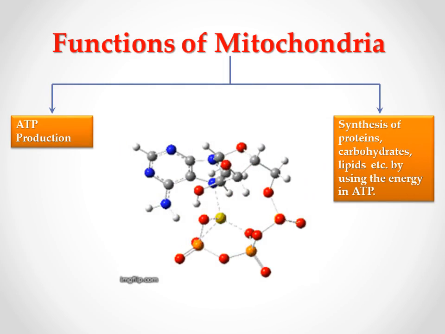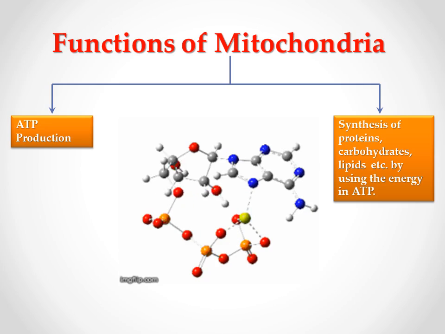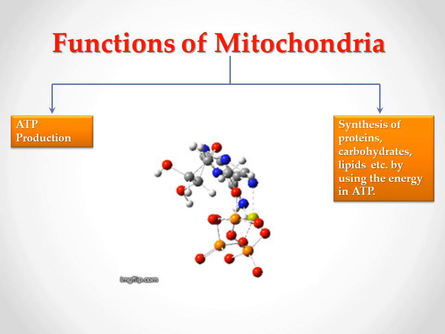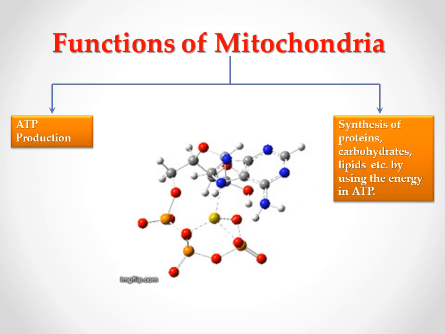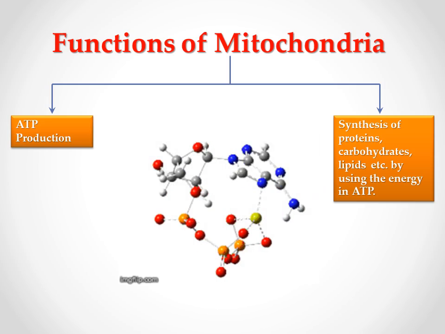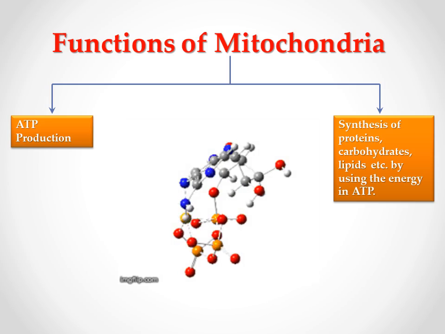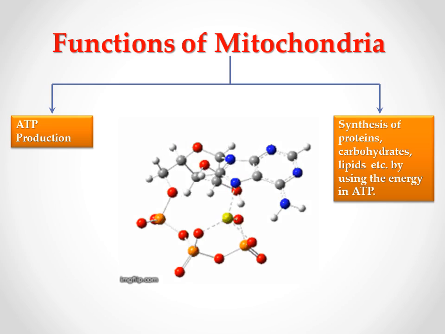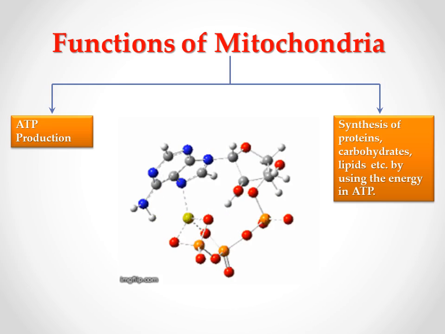Now let us look at the functions of mitochondria. First, to produce energy-rich compounds ATP, that is the adenosine triphosphate. The other function is synthesis of proteins, carbohydrates, lipids, etc. by using the energy in ATP. Here you can see the ATP molecule.